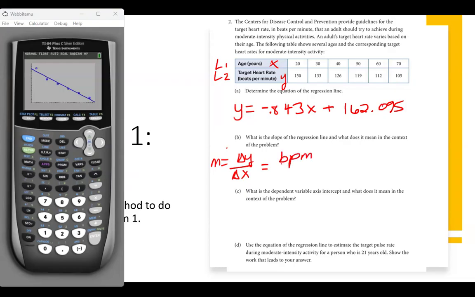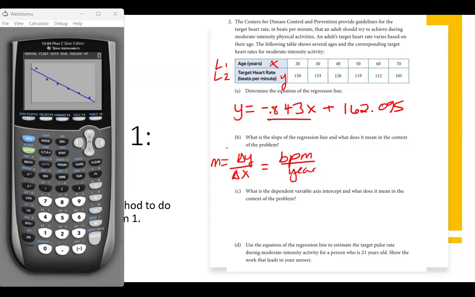So it's a change in our beats per minute. And our delta x represents what? Age, which is measured in years. So therefore, when we're describing our slope, these are the units of our slope, beats per minute per year. Does that make sense? Okay, when you're describing it, it's beats per minute per year of age, right?